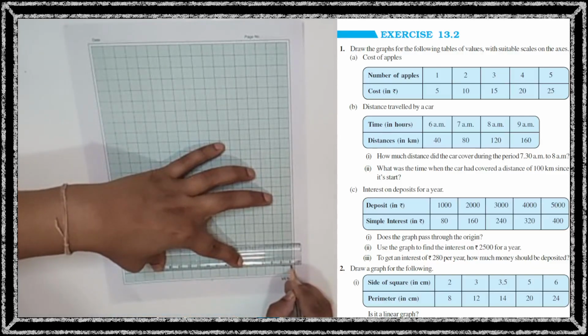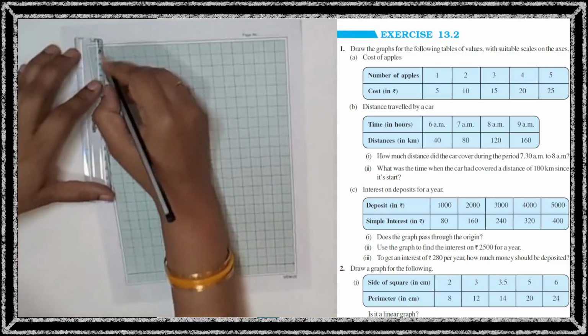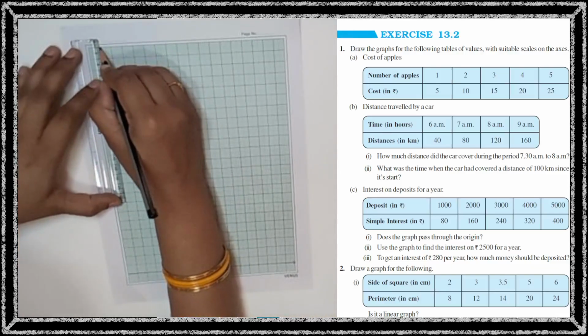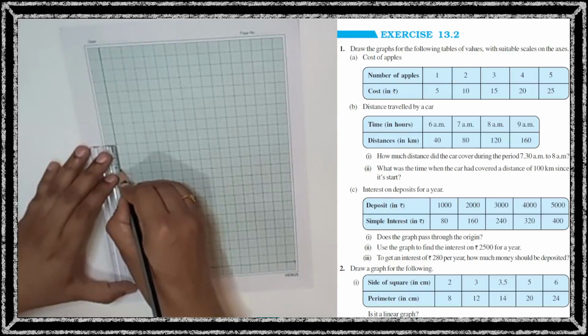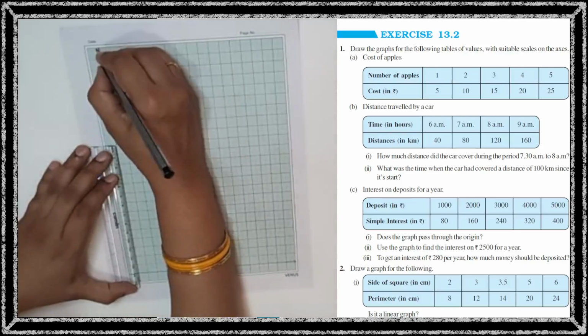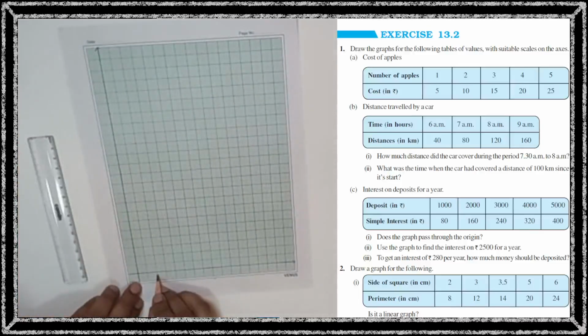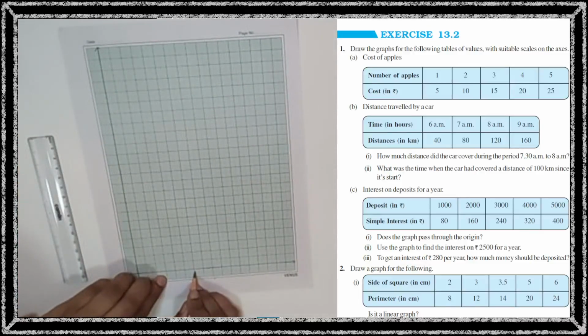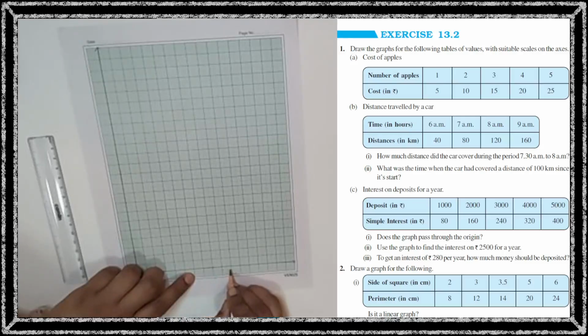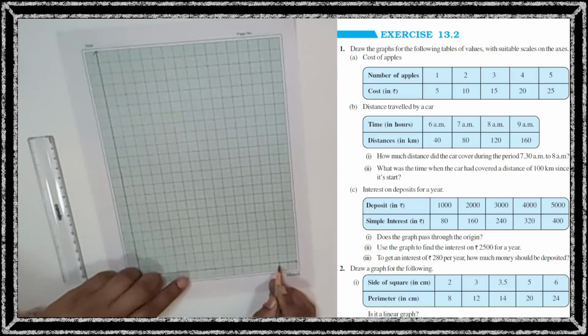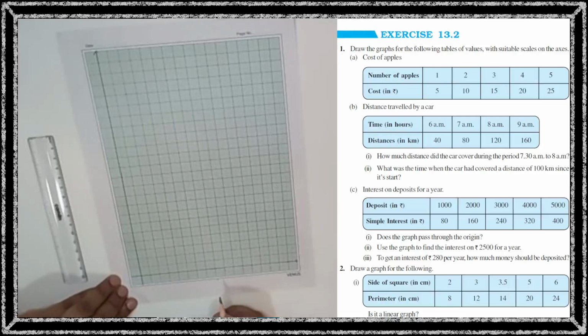The x data on the x-axis is 1000 to 5000, 5 points of data. So you can either take 2 blocks or 3 blocks. If I take 3 blocks, I'm going to end up over here. Let's take 3 blocks this time.